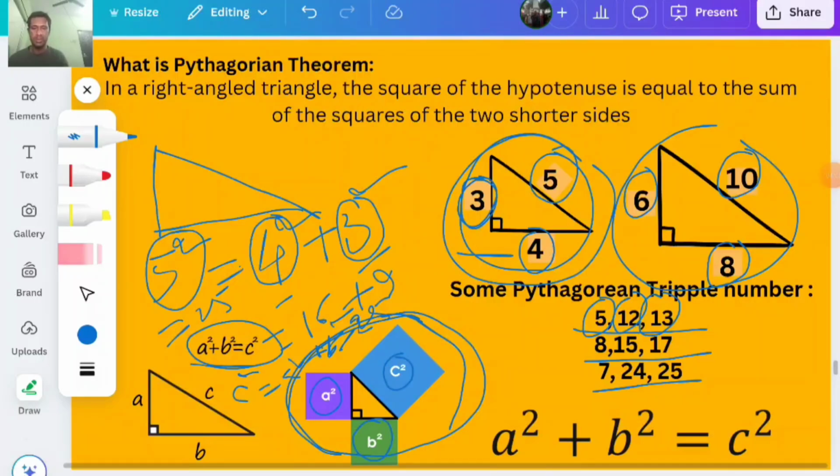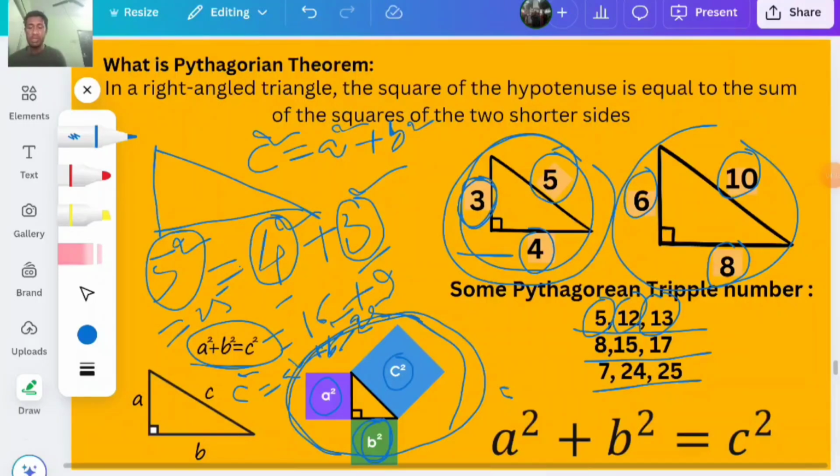So the square of the hypotenuse is c square, a square is the square of height or perpendicular, and the bottom b square is the square of the base. So we can write c square equals a square plus b square.